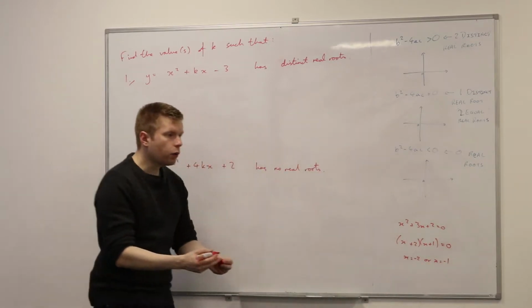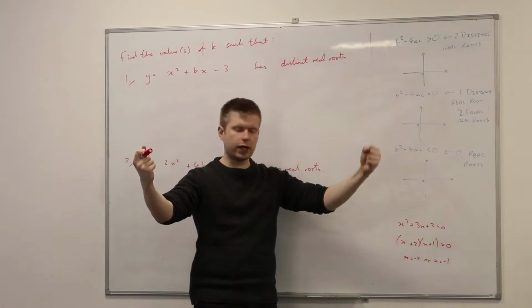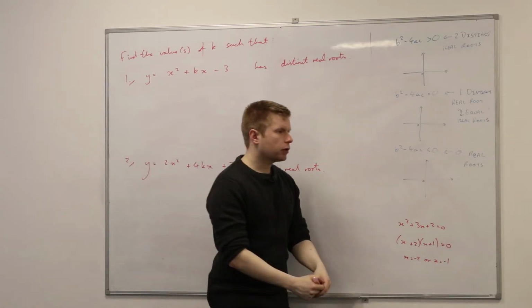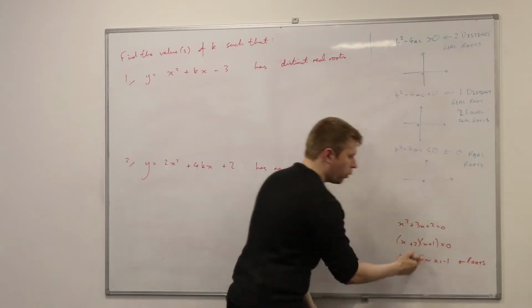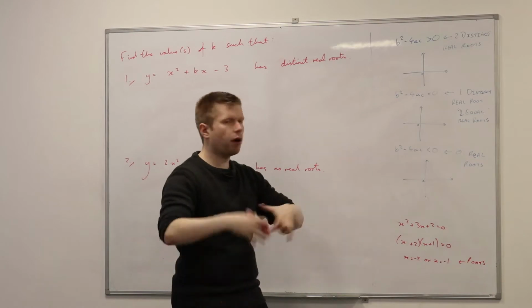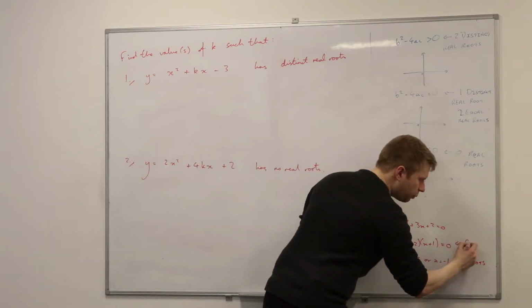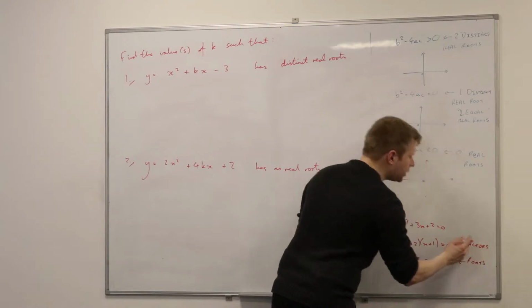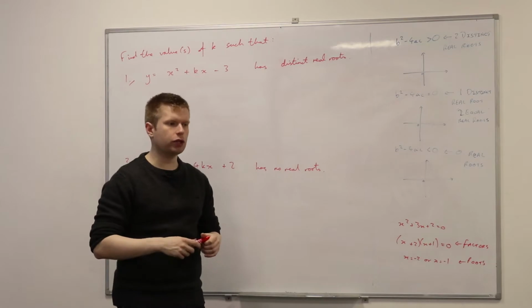So when I finish it off, when I get to this stage and I say x equals this or x equals this, these are my roots. Whereas when I'm just multiplying two things like x plus something, x minus something, these are my factors. It is important to be aware of the language, because it will crop up in questions, and having a grasp of the terminology will help you.